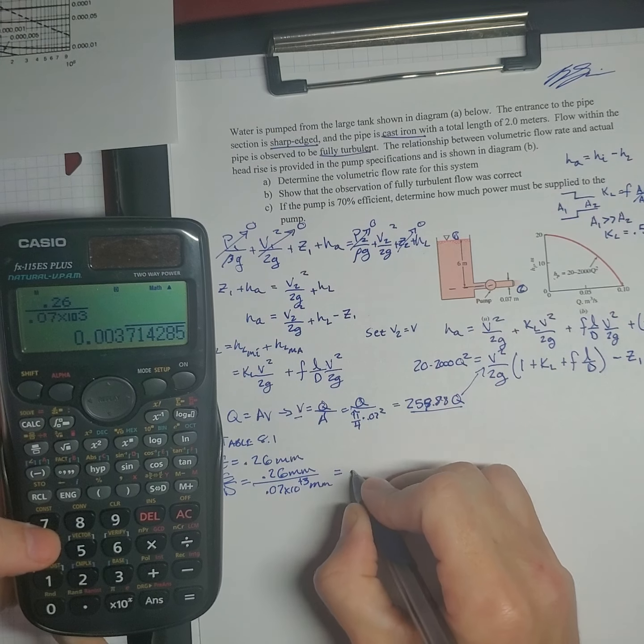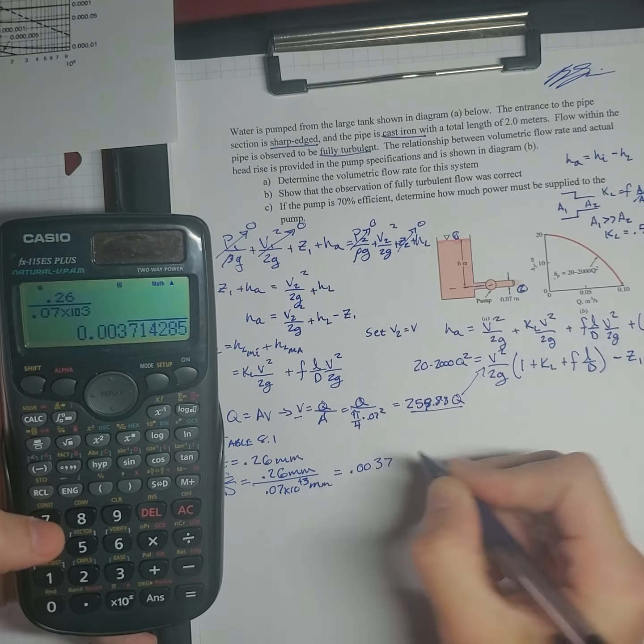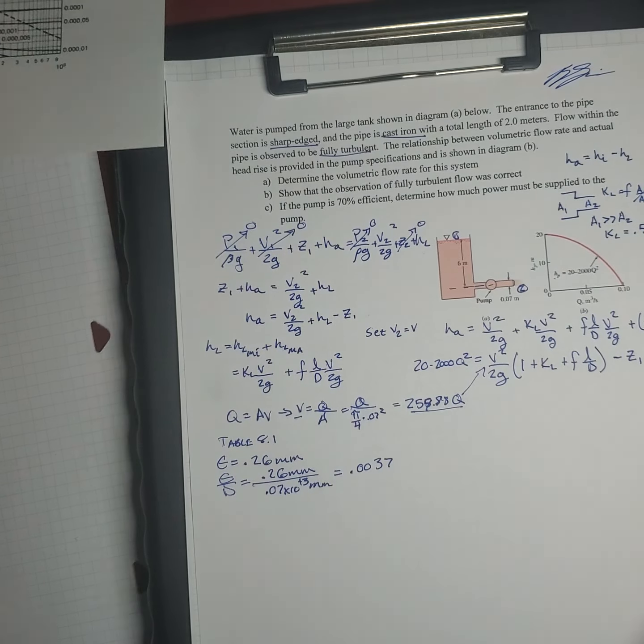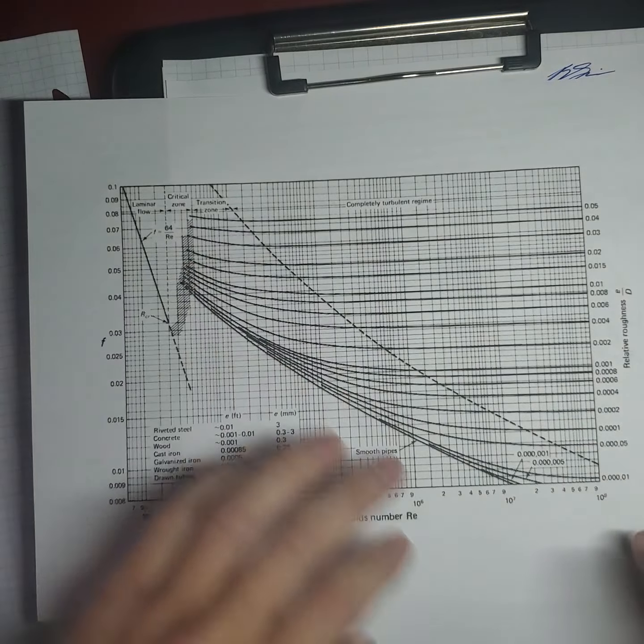That will give us 0.0037 for our roughness ratio, which we can take to the Moody diagram.